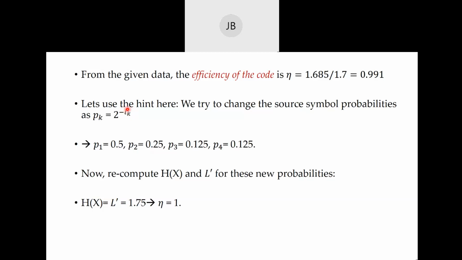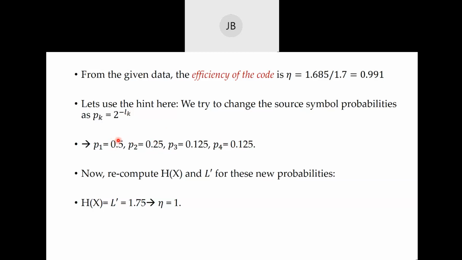For the first code word, the length is 1, so 2 power minus 1 is 0.5. For the second code word, the length is 2, so it is 2 power minus 2, that is 1 by 4, 0.25. For the third, the length is 3, so it is 1 by 8, 0.125. For the fourth one also, the length is 3, so the probability is 0.125. So these are the new probabilities we find by considering the length factor.